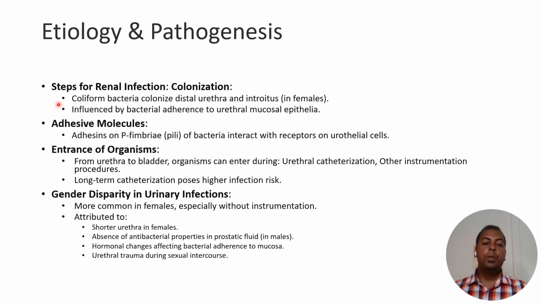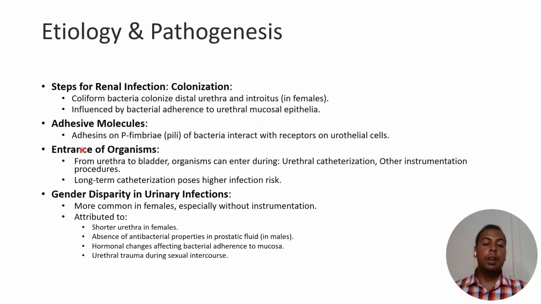All right, so the steps for renal infection, we first must have colonization. So coliform bacteria colonize the distal urethra and introitus if it's a female patient, and this is influenced by bacterial adherence to urethral mucosa epithelia. Some bacteria have virulence factors that enable them to colonize the urethral cells and the urinary tract really well as compared to other bacteria.